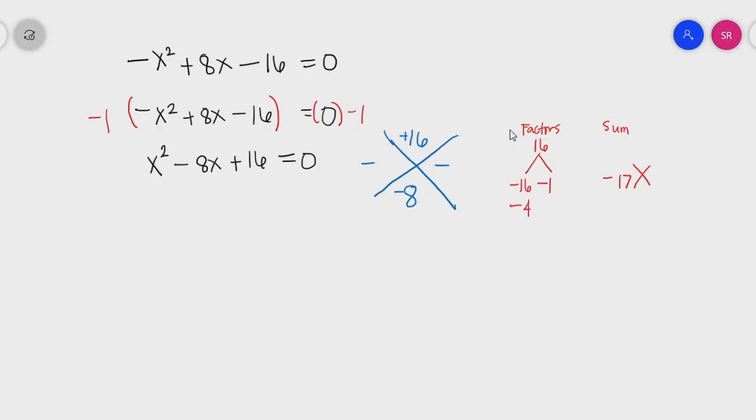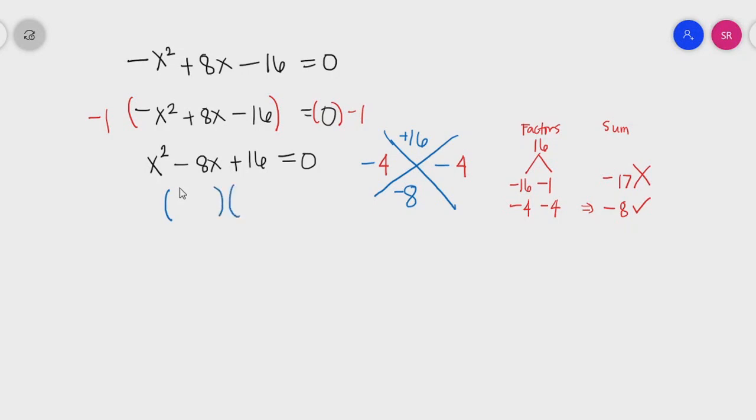Now, if I choose negative 4 times negative 4, the product is still positive 16, and if I'm going to add, the result will be negative 8, which is correct. Okay, which is the same with our B here. So, I am now sure na yung factors na gagamitin ko ay negative 4 times negative 4.